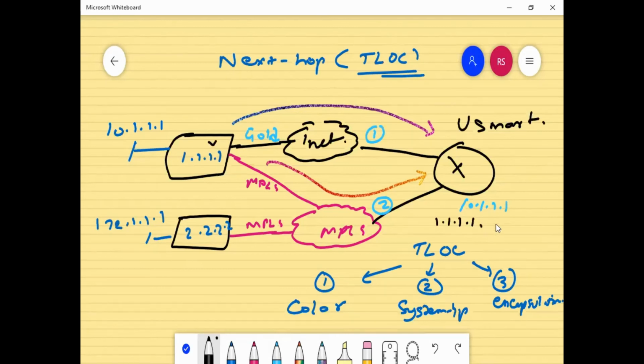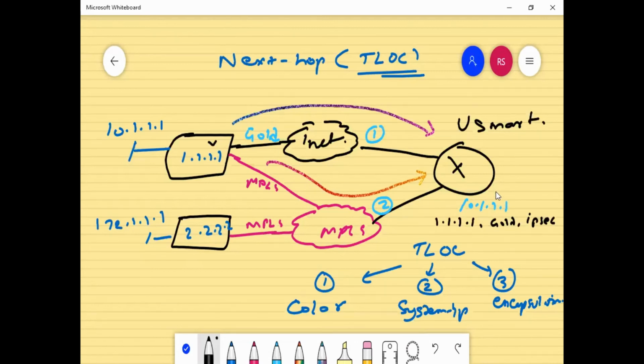Then color is gold. Then encapsulation is IPsec. Again, the encapsulation can be GRE and IPsec. But yes, we are not going to go for GRE in any way because that is not secured.